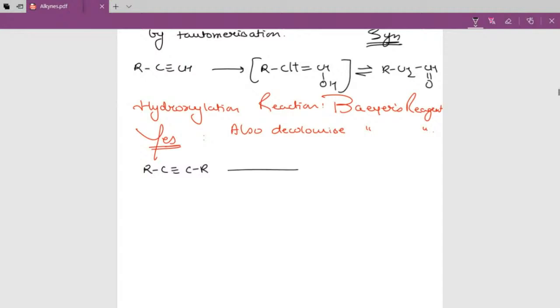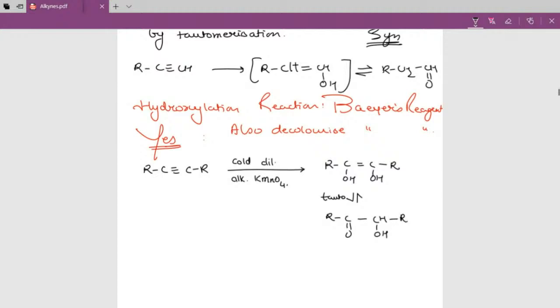If I have this cold, dilute, alkaline KMnO4, then yes, first I will have such formation. It will undergo tautomerization and I will have this.